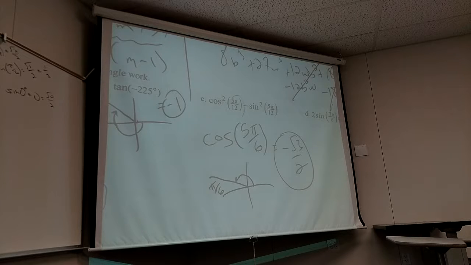So then I can rewrite that as cosine of twice a, which is 5 pi over 6, an angle I know. This is what everything before this is supposed to get you ready for: how do I use the form of an identity in a specific problem? Identify what the parts of the identity are so you can use it correctly.